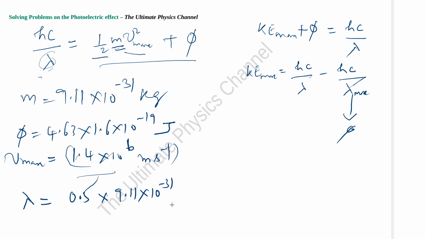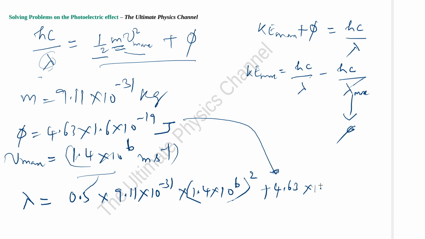So this number, that is 1.4 times 10 power 6, squared, plus this one, that is 4.63 times 1.6 times 10 power minus 19 joule, and the entire thing, this will be 1 by lambda.